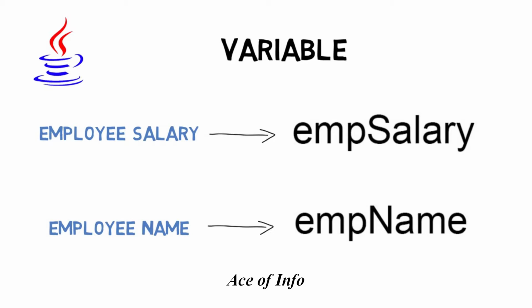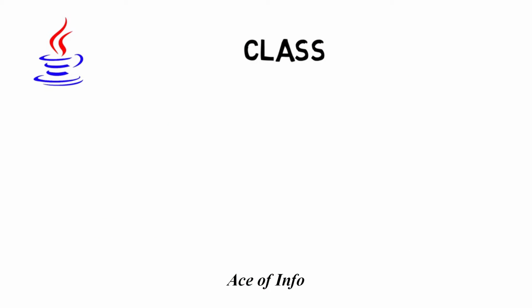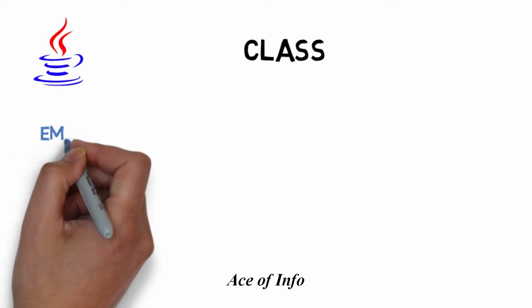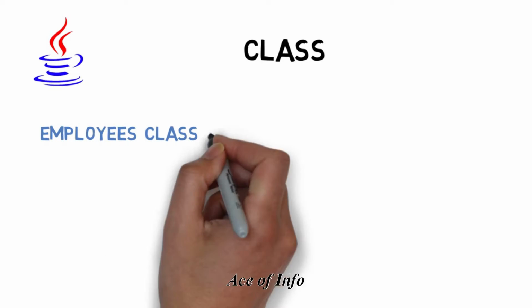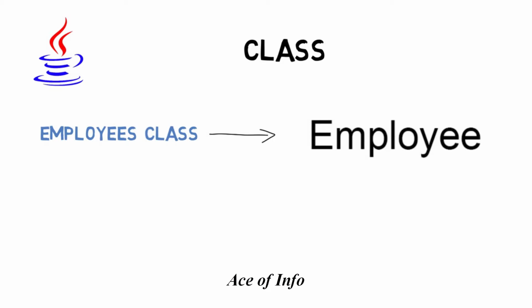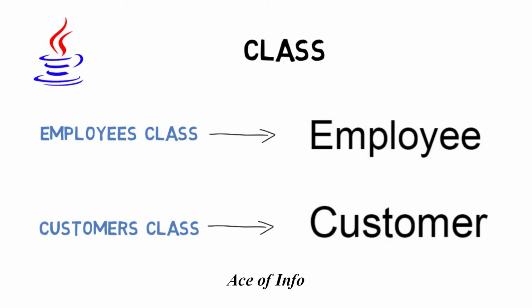It should be simple, but it should clearly tell what the variable is. Now if you are naming a class, it should have a proper name. For example, for an employees class, you can use Employee, or for a customers class, you can use Customer.